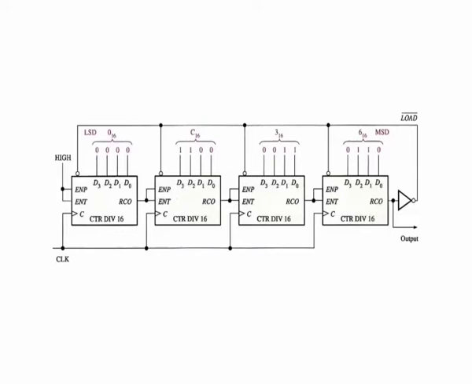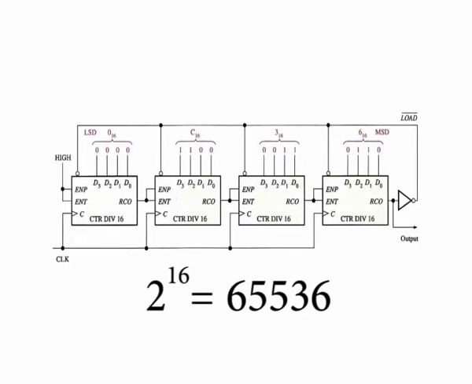This particular circuit uses four 74HC161 4-bit synchronous binary counters. If these four counters were cascaded in a full modulus arrangement, the modulus would be 2 to the power 16, which is equal to 65,536.